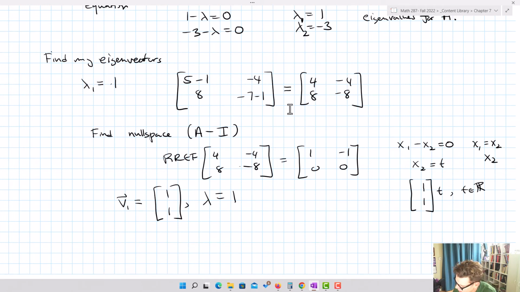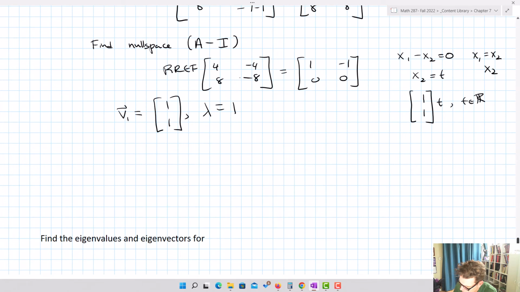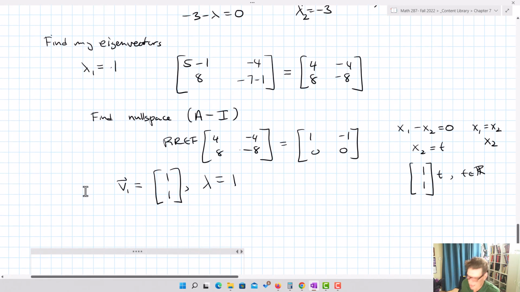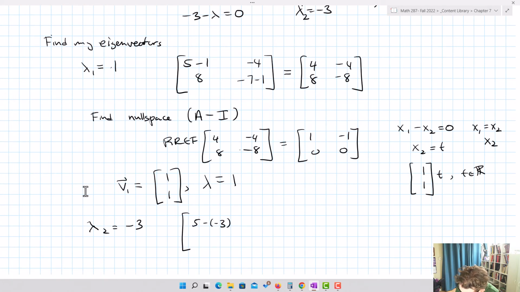Now, let's go in and use lambda 2 equals negative 3. We'll plug in. We're going to get 5 minus a negative 3, negative 4, 8, and negative 7 minus a negative 3.